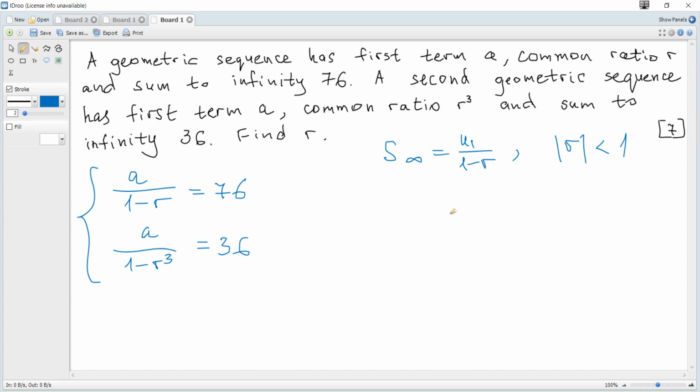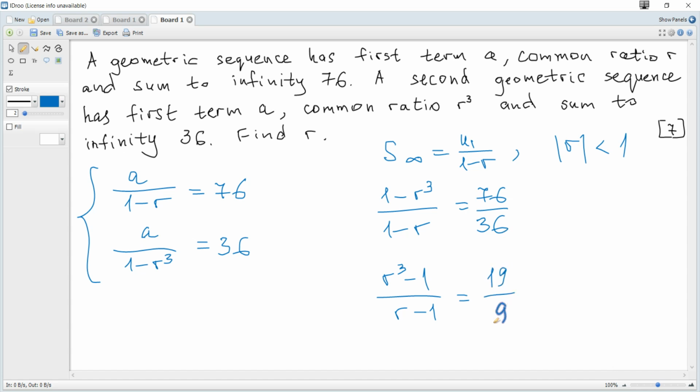So let's divide both sides to get 1 minus r cubed over 1 minus r is 76 over 36. I want to multiply each term in numerator and in denominator by -1 to get r cubed minus 1 over r minus 1 is equal to, we can divide by 4 to get, 19 over 9.